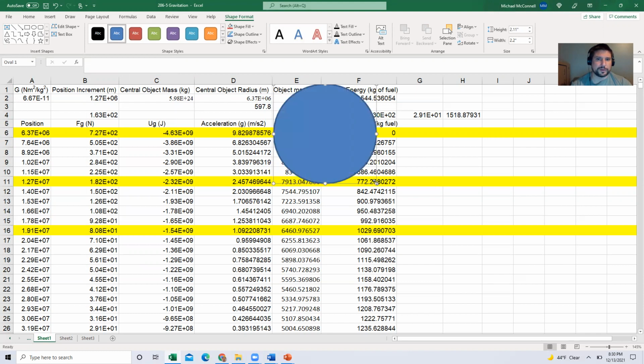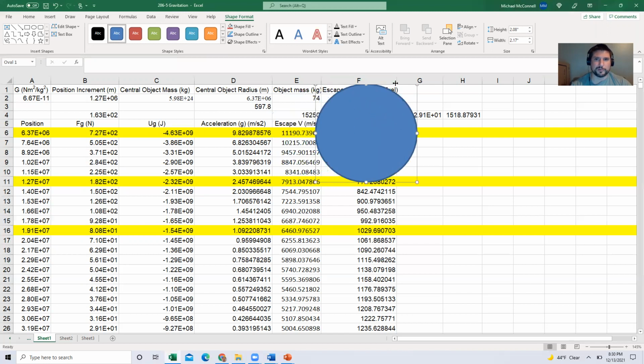So the center of the Earth is right here, and 1 full radius above it would be right there. The surface of the Earth is right here, and then 1 full radius above it would be this distance right here. But I have to move this shape. I can't move it up, but you get the idea.